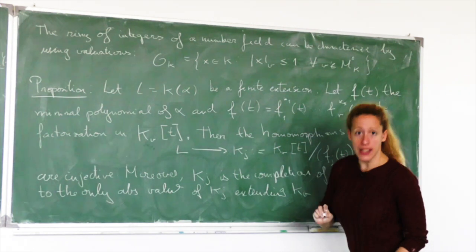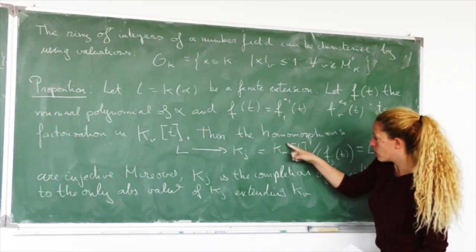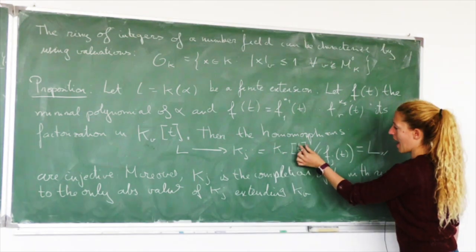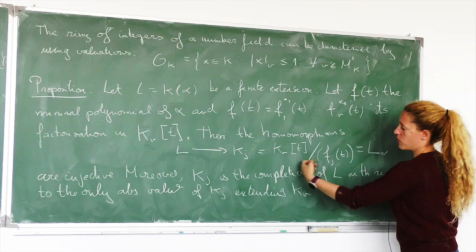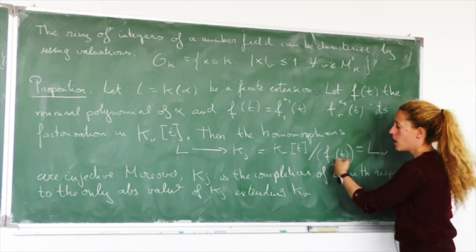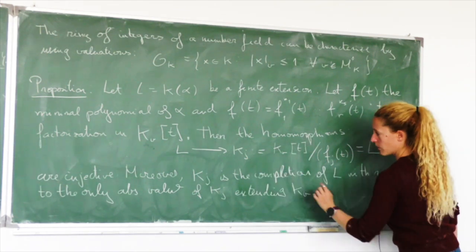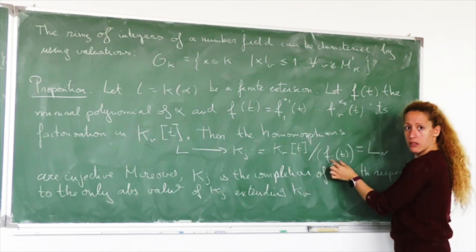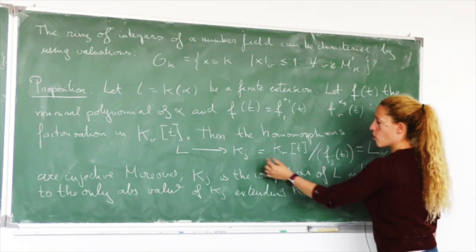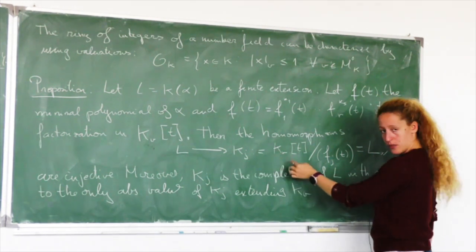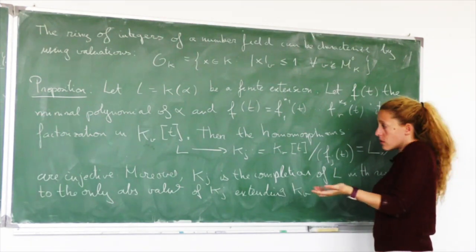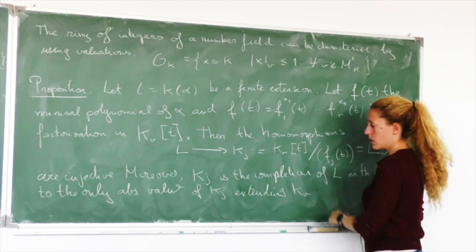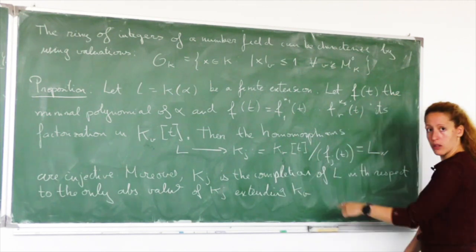You can see it in a natural way as an extension of this field, because basically you are taking this field and adding some element. This is the quotient of adding a variable and doing the quotient by a polynomial. Basically, K_j is K_v where you have added a root of this polynomial. So this is a finite extension of K_v. So there is a valuation of K_j that extends the one that you have here, that is v. So this is the valuation we are talking about here.